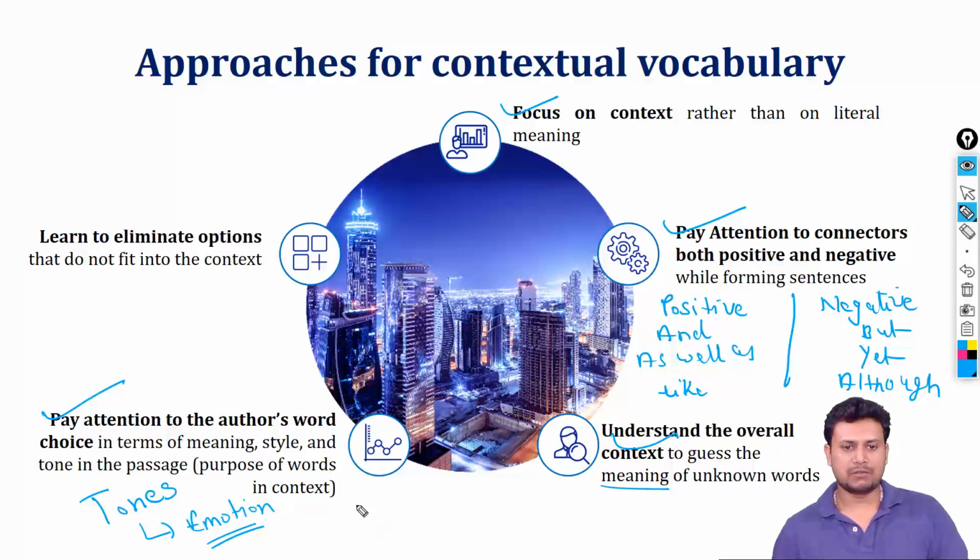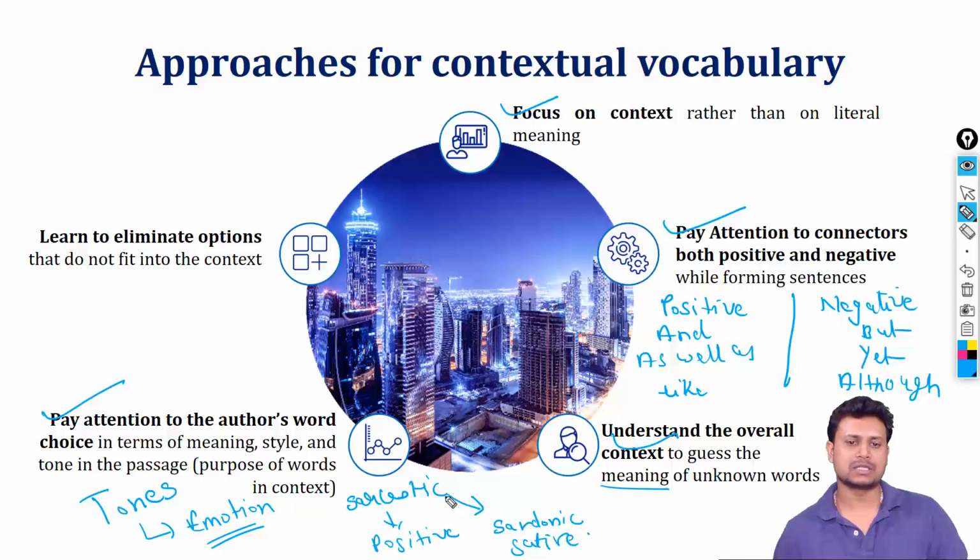For a term like sarcastic, I can't end up using a positive word. I'll have to use a word which has a sarcastic undertone. So words like sardonic or satire are good choices when we are doing sarcastic undertones.